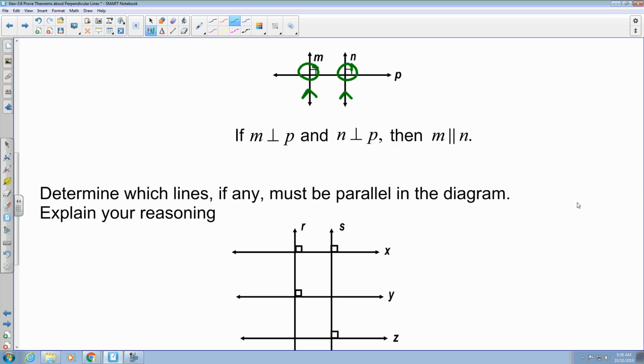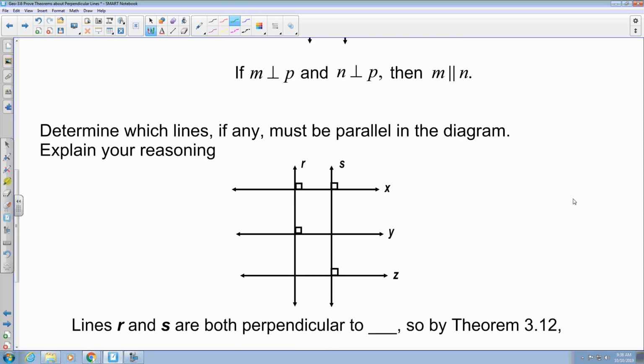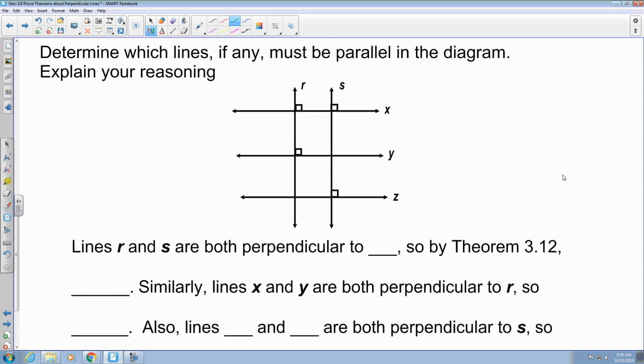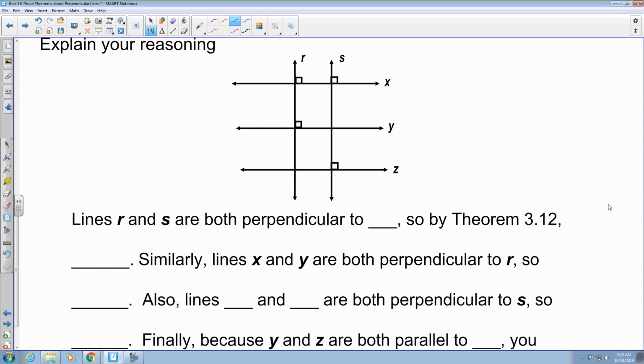So here we have a diagram with lines R and S, and lines X, Y, and Z. It says determine which lines, if any, must be parallel in the diagram. So we have some fill in the blanks here.